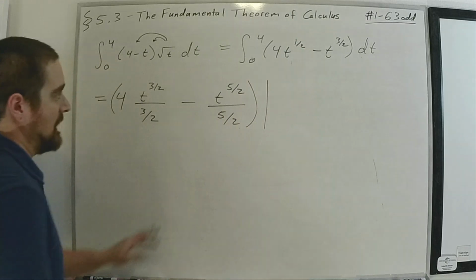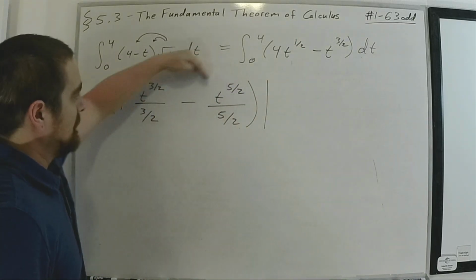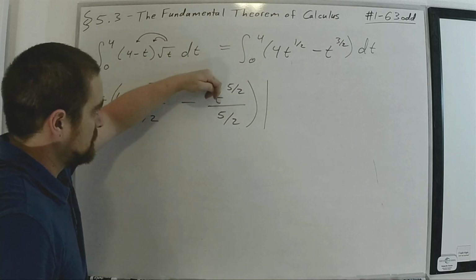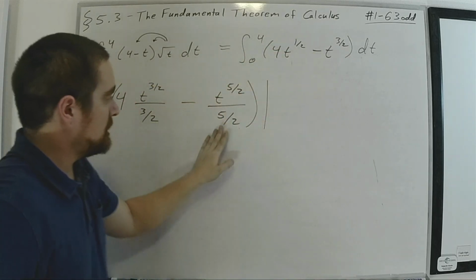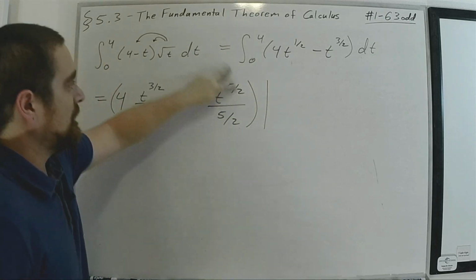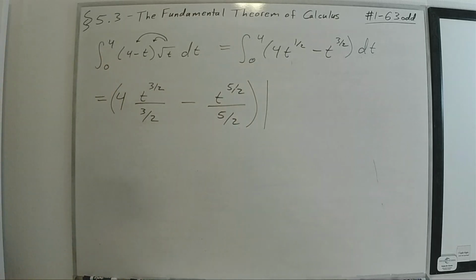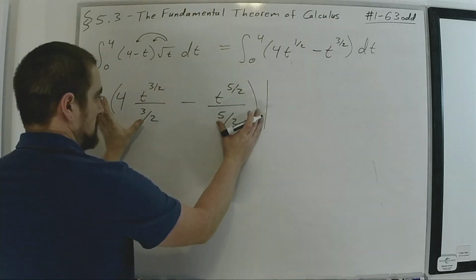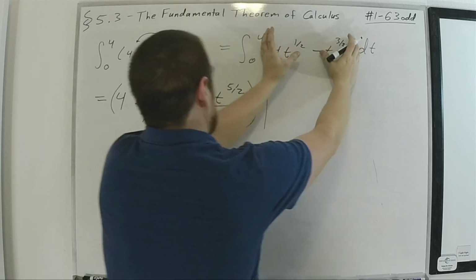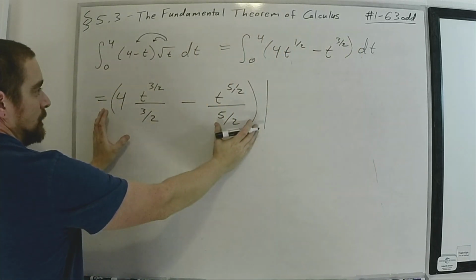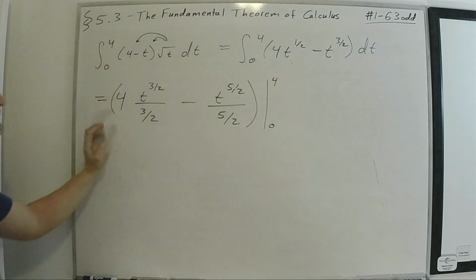Little correcting factor here, because again, if I differentiate t to the 5/2, I would get a multiple of 5/2 t to the 3/2, but there is no multiple of 5/2 here, so that's why I need the division by 5/2. So when I differentiate, the multiple and the division cancel each other out, and I just get t to the 3/2. This is a general antiderivative for this integrand, meaning this integrand here I have properly integrated, and I evaluate it from 0 to 4.